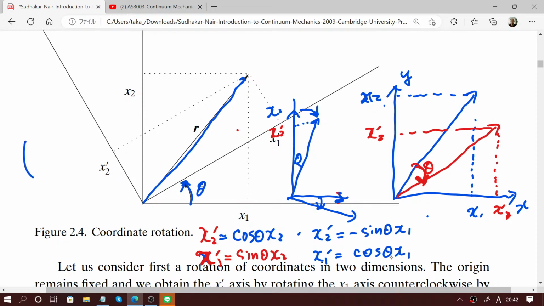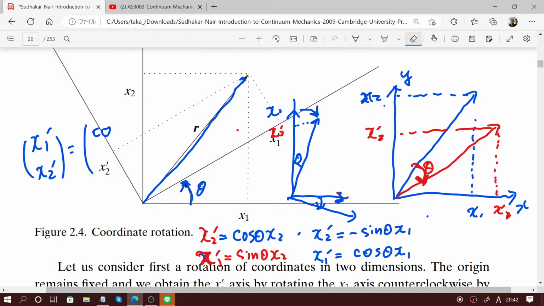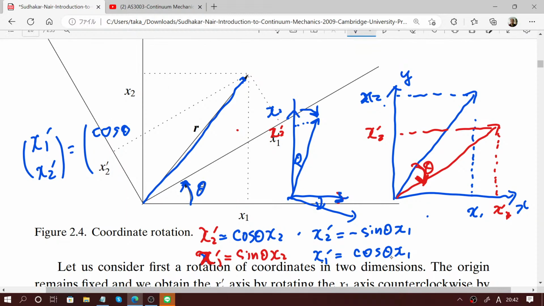So we have x1 prime, x2 prime, and x1 prime is cosine theta, sine theta.